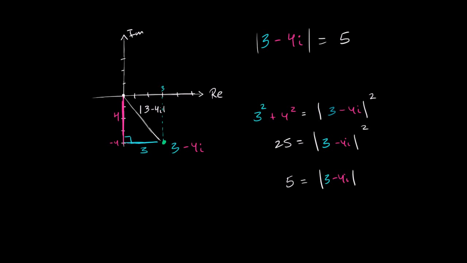So if you didn't want to visualize all of this, but this is really what we're doing, you could say this is just going to be equal to, take the real part squared, add the imaginary part squared, and then take the principal root, which is just the positive square root. So that's going to be the square root of 9 plus 16, which once again is equal to 5.